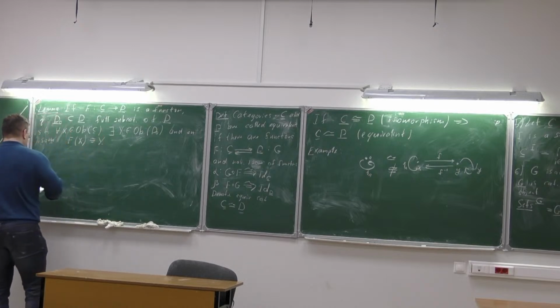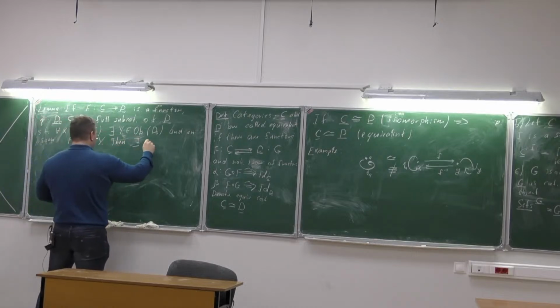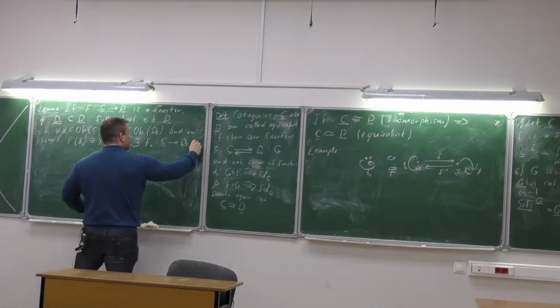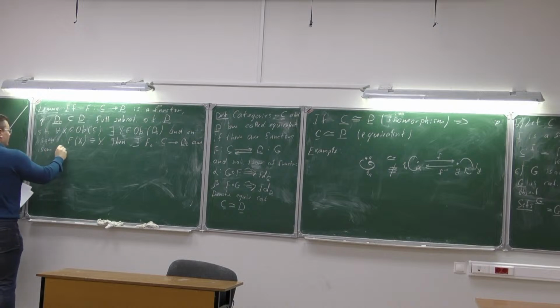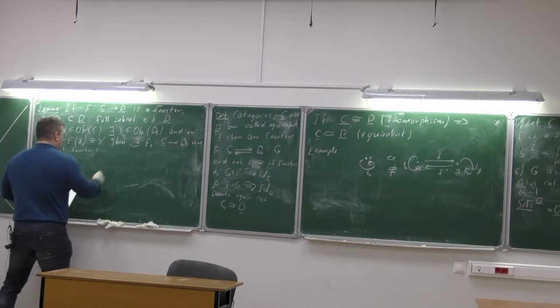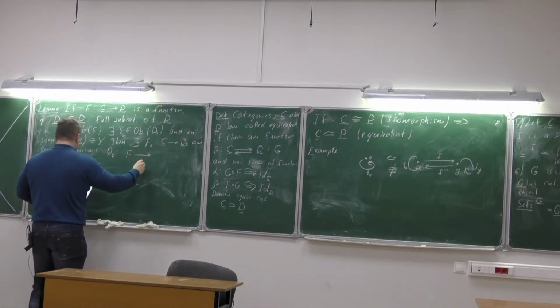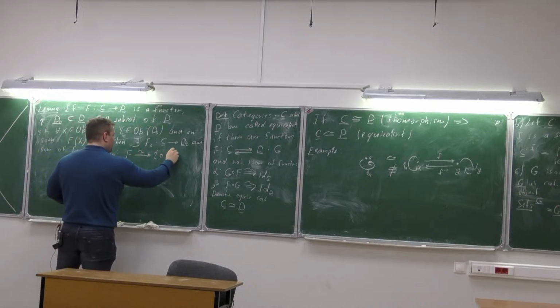So then there is a functor F naught from the category C to the category D naught, and an isomorphism of functors theta naught from the functor F to the composition of I and F naught.